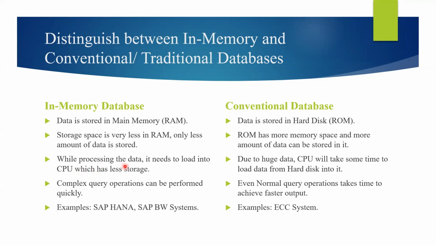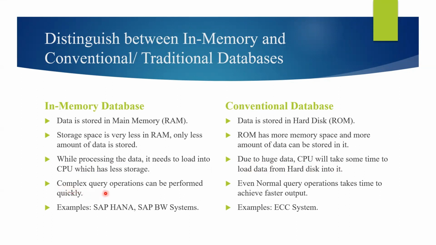The results will be fast since RAM also occupies less memory. In case of conventional database, the results will be slower since ROM contains huge data and it takes time to load everything into CPU and get the required output.